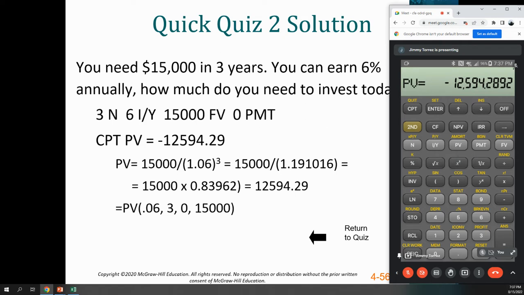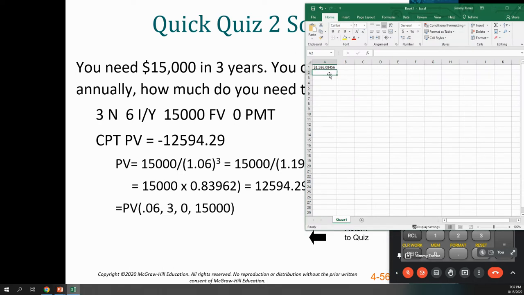Now finally, we want to do this with Excel. Here I want the present value, so equal PV. The rate is 6%, and again, in Excel, you have to use the decimal, 0.06. The number of years is 3. Payments is 0, and the future value is 15,000.